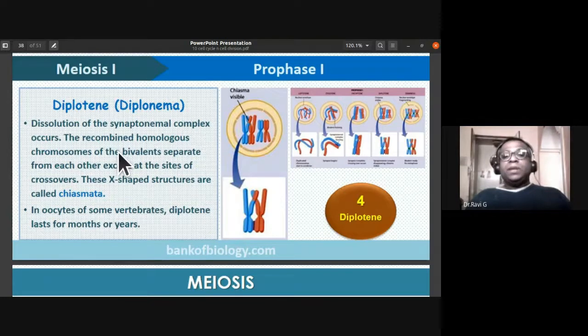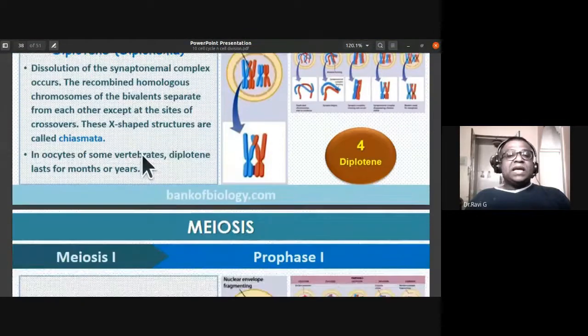So the recombined homologous chromosomes of the bivalents separate from each other, that is, the synaptonemal complex, except at the site of crossing over. See, everywhere they got separated except at the site of crossing over. This X-shaped structure we call chiasmata.